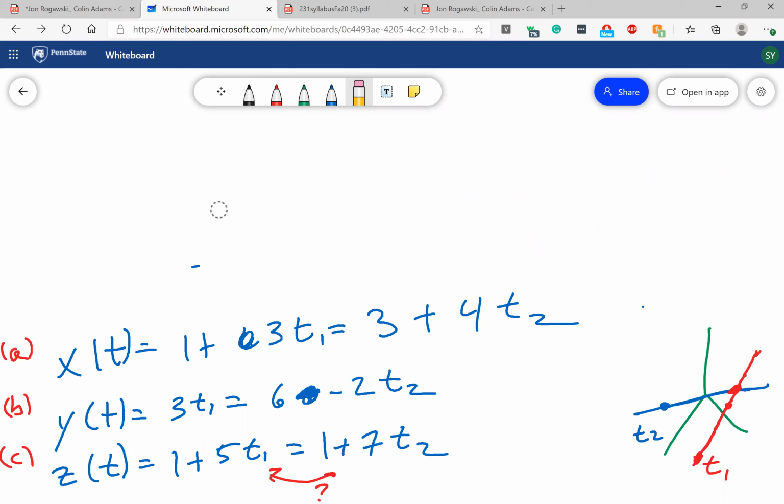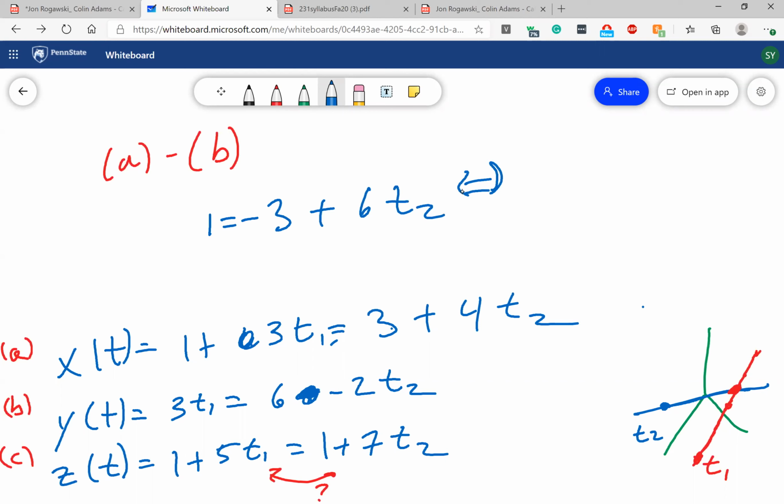In order to solve for t1 and t2, let's look at equation A minus equation B. The 3t1 and 3t1 cancel, so you're left with 1 on one side. On the other side, you have 3 minus 6, which is minus 3, plus 4t2 minus 2t2, which is 6t2.